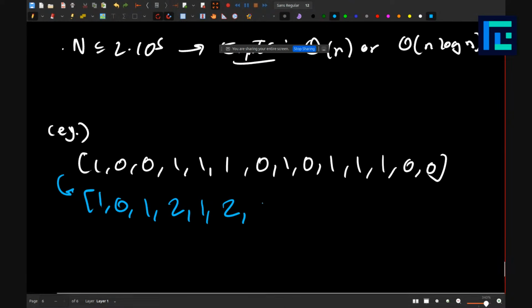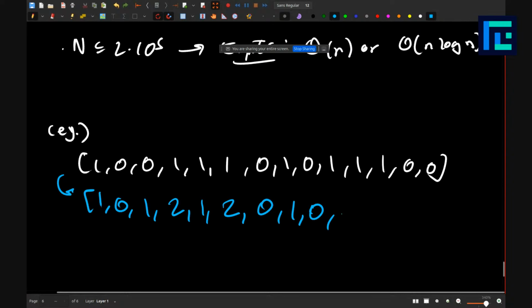Similarly, again this becomes a 2, this is a 0, and this remains a 1, this remains a 0, this remains a 1, this becomes a 2, this becomes a 1, 0 1, right? So this is one possible solution to this.